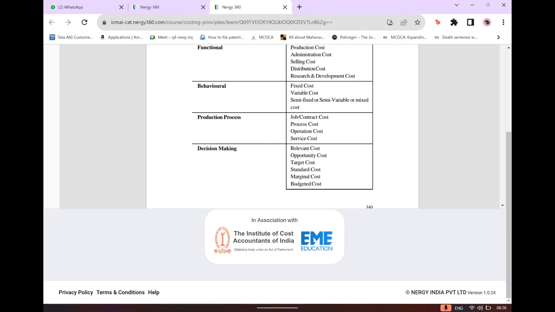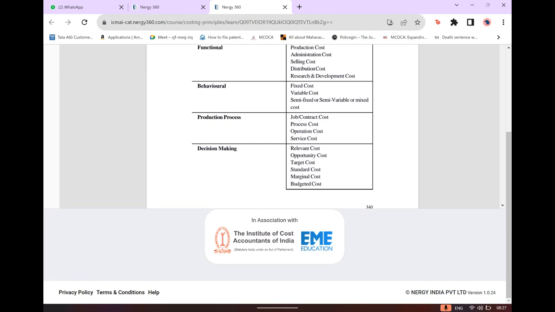If another person works on it and is able to produce 12 products at 10 rupees, that means he has overachieved. So the standard cost is the cost of producing the standard product, or time also. I take 8 hours to produce 10 units. If I take 8 hours to produce 15 units, that means I have achieved more than what the standard is.